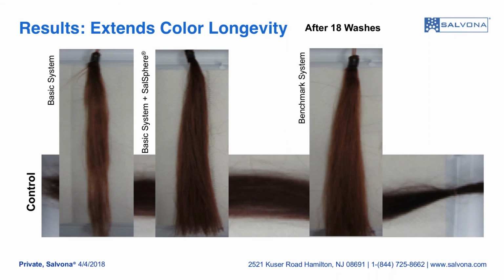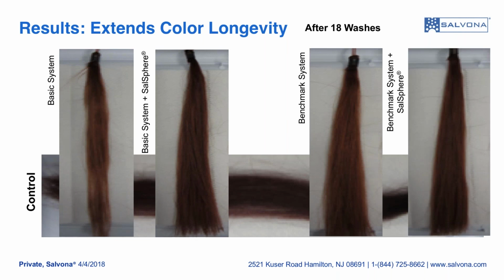When we looked at the benchmark system, this is the benchmark system as is, compared to a swatch treated with the benchmark system with the technology. Again, difficult to see maybe, but the swatch treated with the technology has a much darker color compared to just the benchmark.